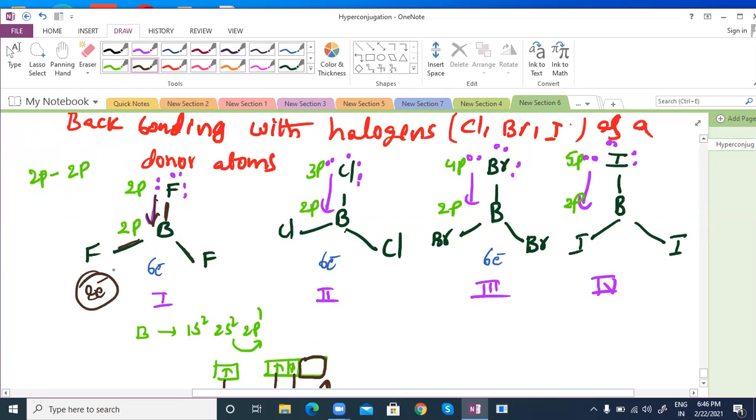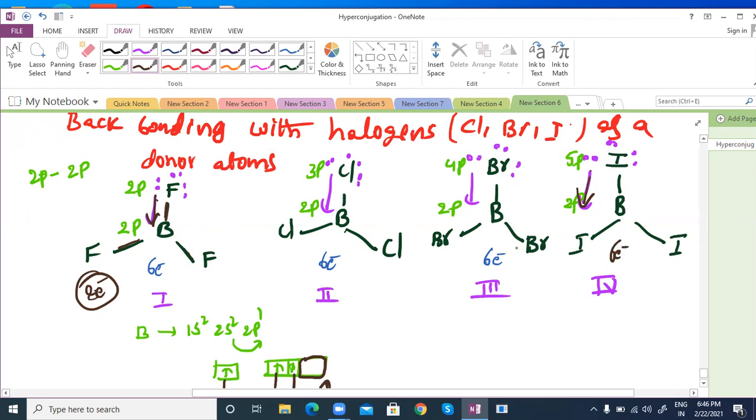Got it? 8 electrons means stable only. Those with less than 8 electrons are electron deficient compounds. Here also everything is present, but the overlapping may not be efficient, so they may not show as much interest in back bonding, and we still see only 6 electrons.